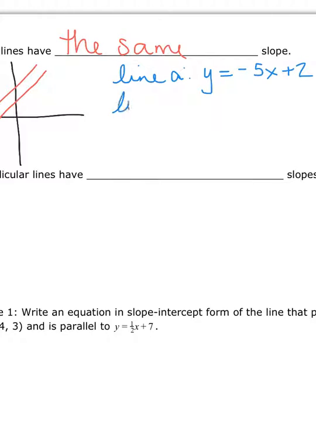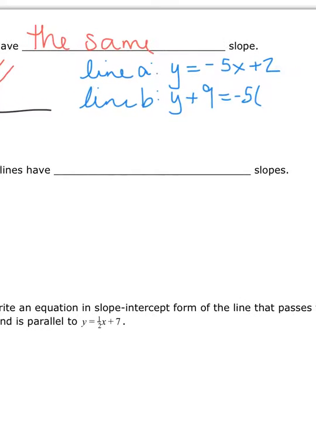And line B, let's say line B is y plus 9 equals negative 5x minus 1. From my equations, I can tell that these two lines are parallel because they have the same slope. Is that okay?